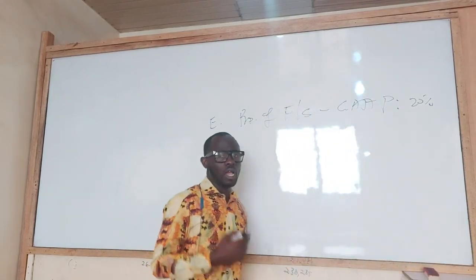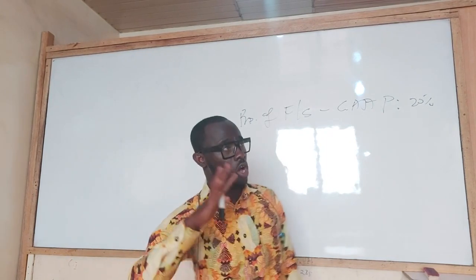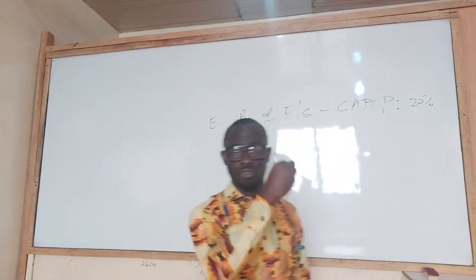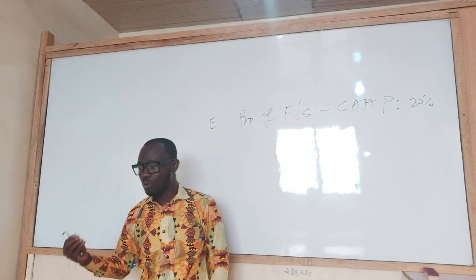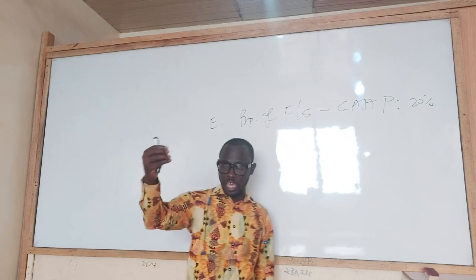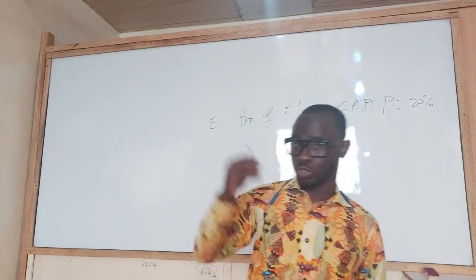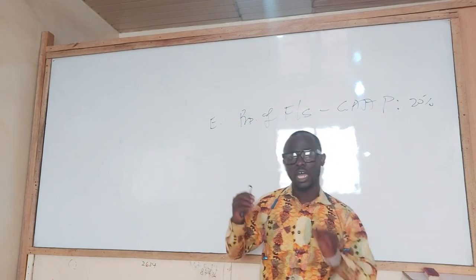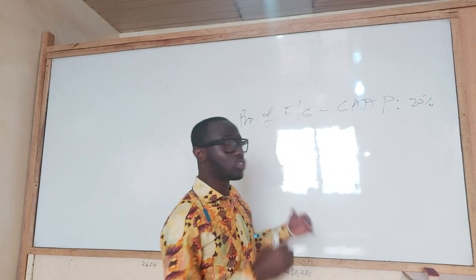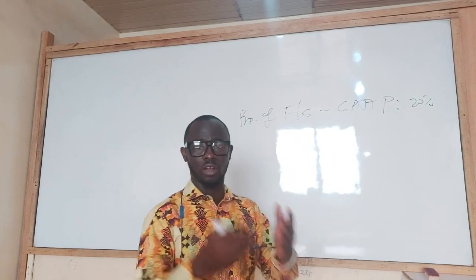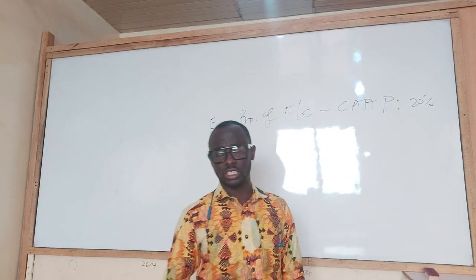Now remember, when we are dealing with preparation of financial statements, it is not always going to be on the consolidated fund. That is from the central government perspective. Like I told you earlier, when we were discussing section A about public sector financial reporting in Ghana, I was talking to you about revenue and expenditure. We could be asked to prepare the final accounts of a ministry, of a department, of an agency, or of a metropolitan, municipal, or district assembly.